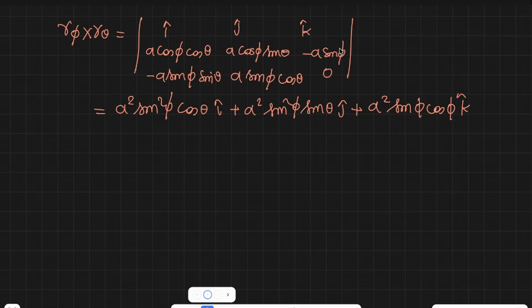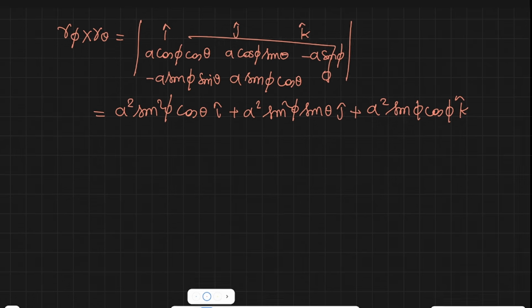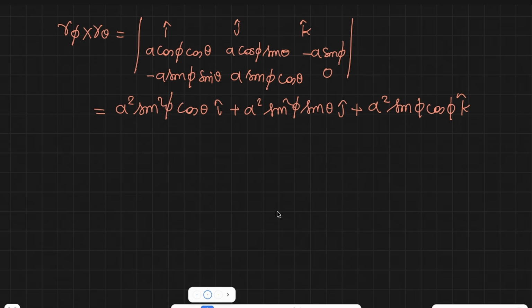For the k term, you get a square sin phi cos phi cos square theta, plus a square sin phi cos phi sin square theta. Taking sin phi cos phi common, cos square theta plus sin square theta is 1. So the final answer will be this.